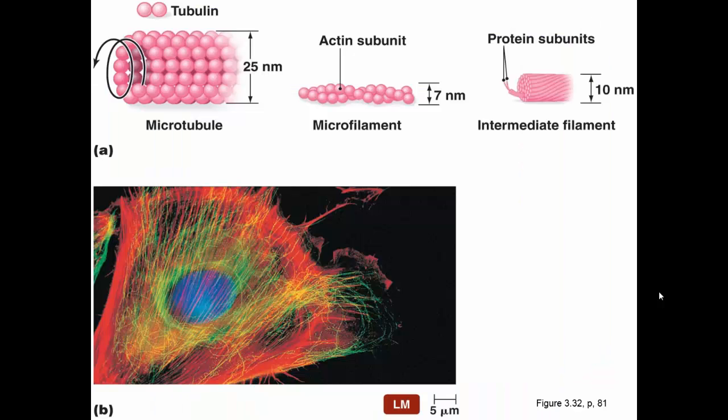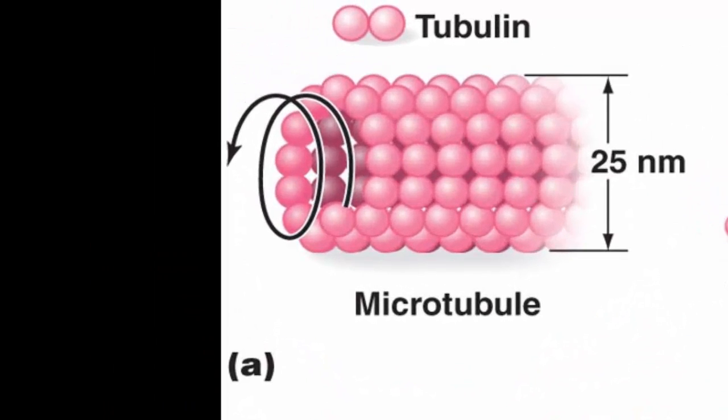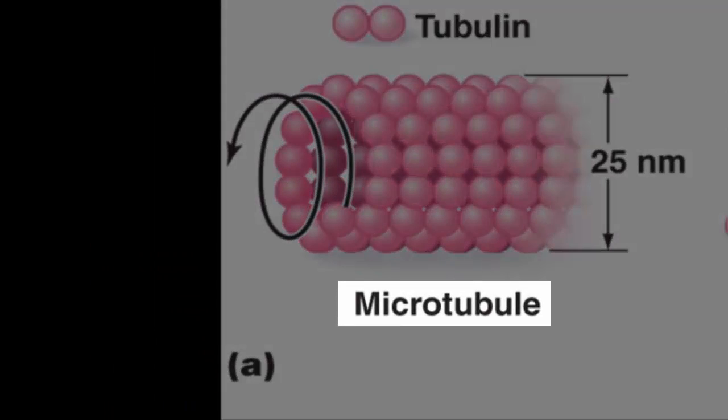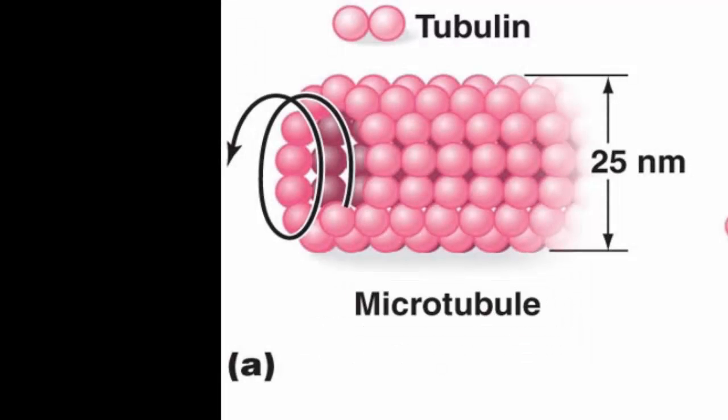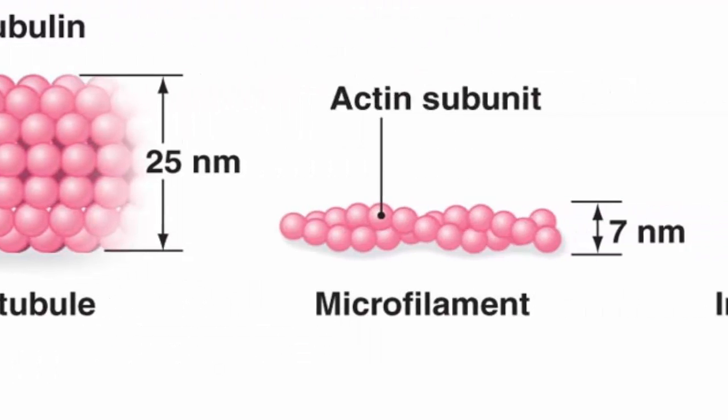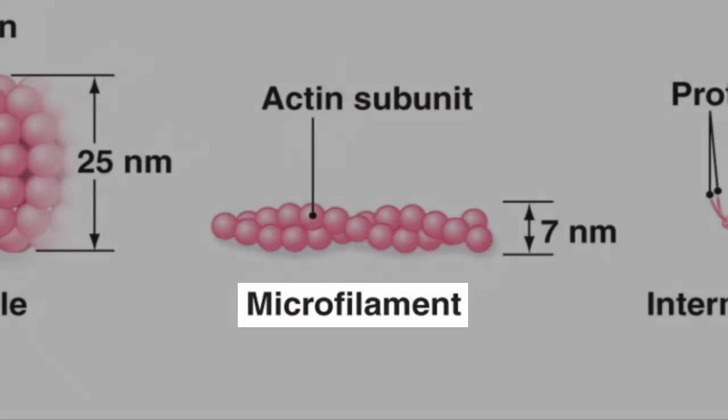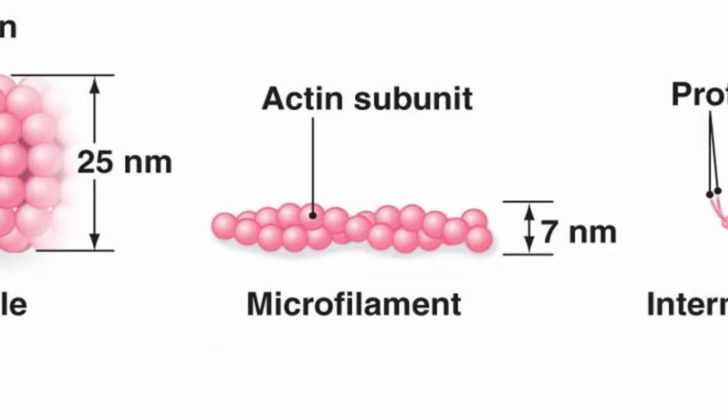The cytoskeleton gives the eukaryotic cell its three-dimensional shape, and there are 3 types of fibers that make up the cytoskeleton. The microtubule, made up of the protein tubulin, which is about 25 nanometers in diameter. The microfilament, made up of the protein actin, which is about 6 to 7 nanometers in diameter.